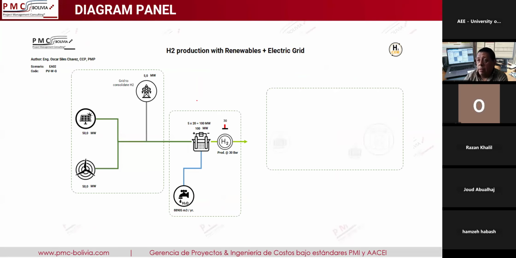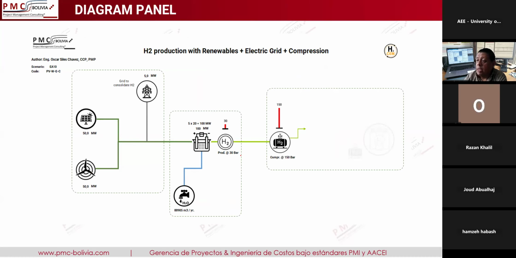For example, in the diagrams, we have here only production with supply energy configuration as shown. For example, 50-50 photovoltaic and wind plus grid to consolidate hydrogen. This other is production plus compression. You can see the model automatically shows the value of the pressure.